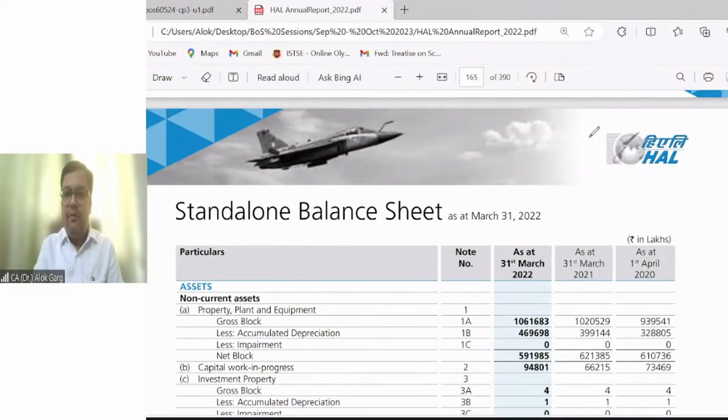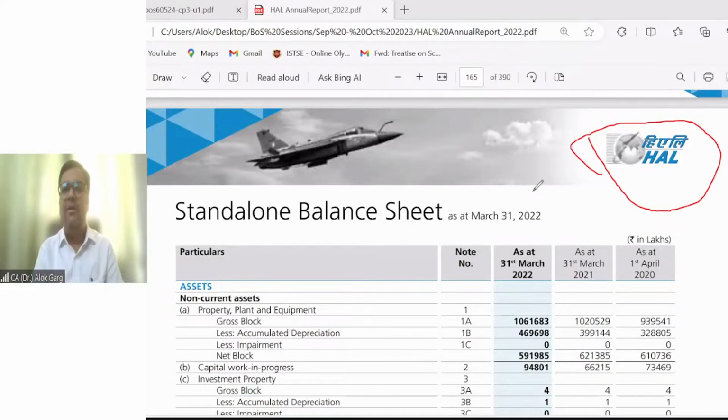So this is the annual report and they have just given the name of the company, Hindustan Aeronautics Limited. This is the annual report and that is why it is like this. Otherwise, when you see the signed balance sheet, the name is always there, right? Like Hindustan Aeronautics Limited. Standalone, they have written, is it a standalone or is it a consolidated, right? And they have also given rupees in lakhs.